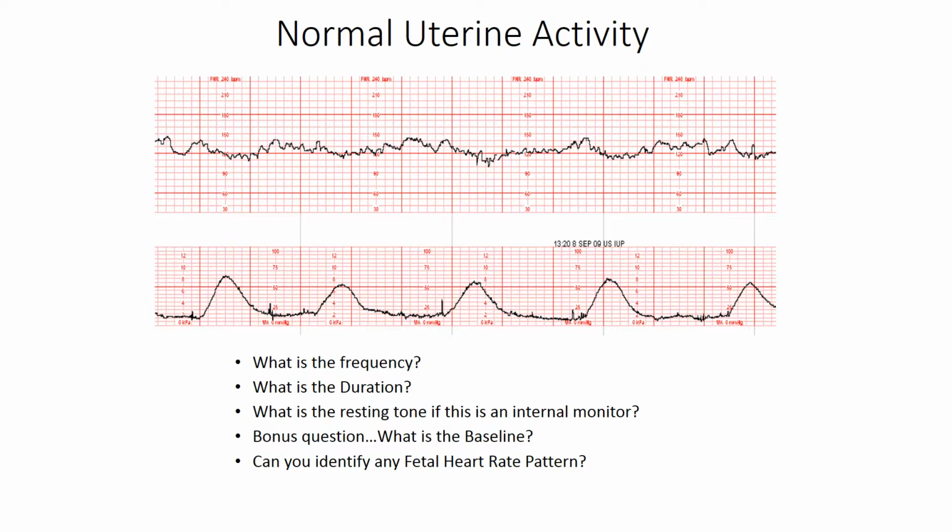So when I say, what is the frequency? Contraction frequency are every 2 to 2.5 minutes. The duration, the contractions last on average about 70 seconds long. The resting tone, if this were an intrauterine pressure catheter, is about 15 millimeters of mercury.